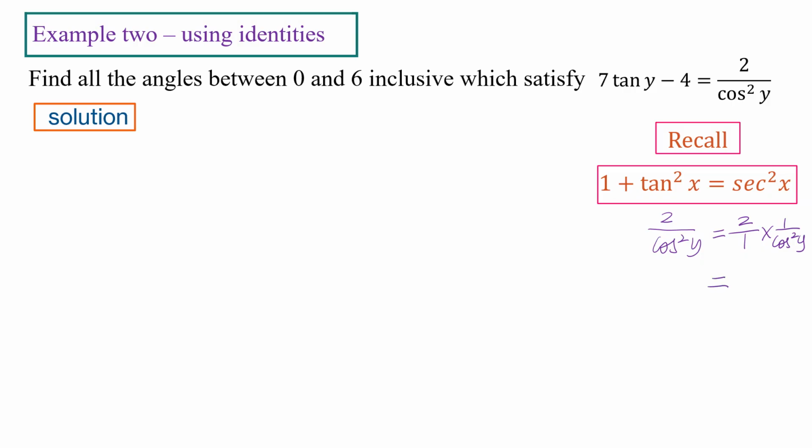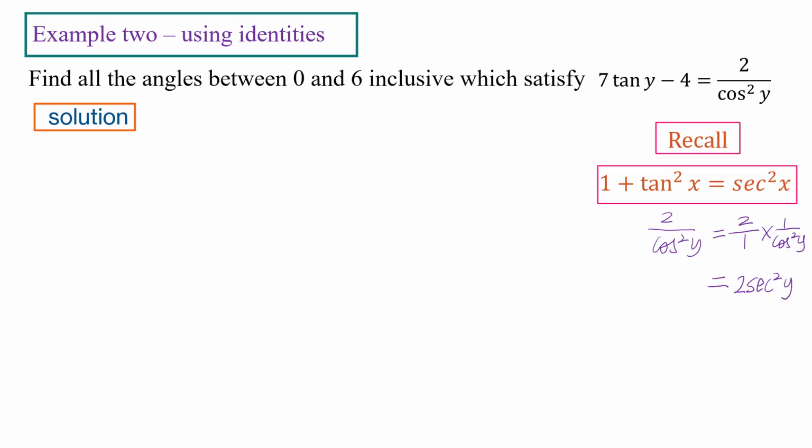And if you have to recall in the earlier slides, where we learned reciprocal, where we learned that secant y is equals to 1 over cos y, cosecant y is 1 over sine y, cotangent y is 1 over tangent y. So therefore 1 over cos squared y, you can write it as secant squared y.